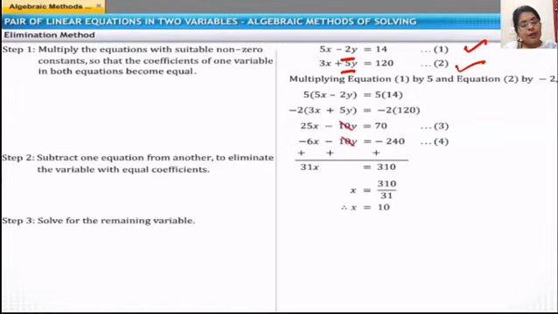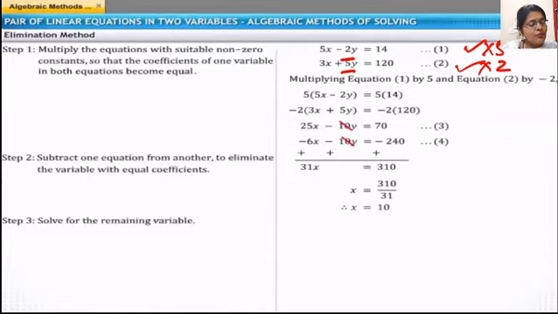We will multiply this equation 1 into 5 and equation 2 into 2. When multiplied by 5, it will become 5 into 5x minus 2y is equal to 5 into 14, and multiplying the second with minus 2, we get minus 2 into 3x plus 5y is equal to minus 2.